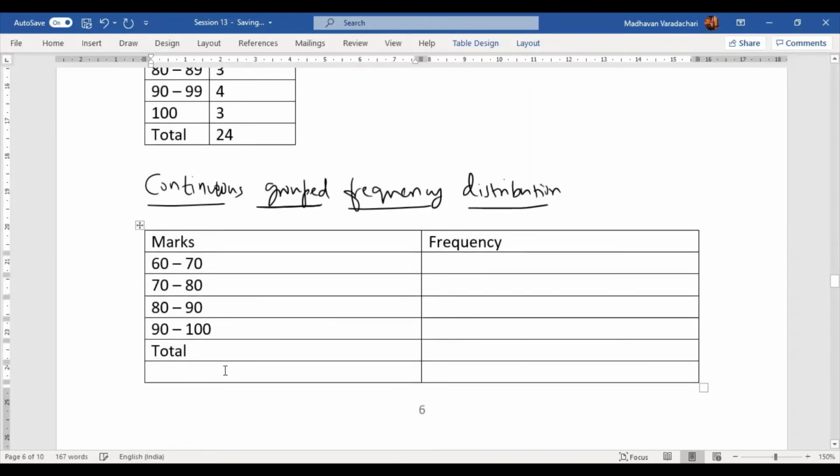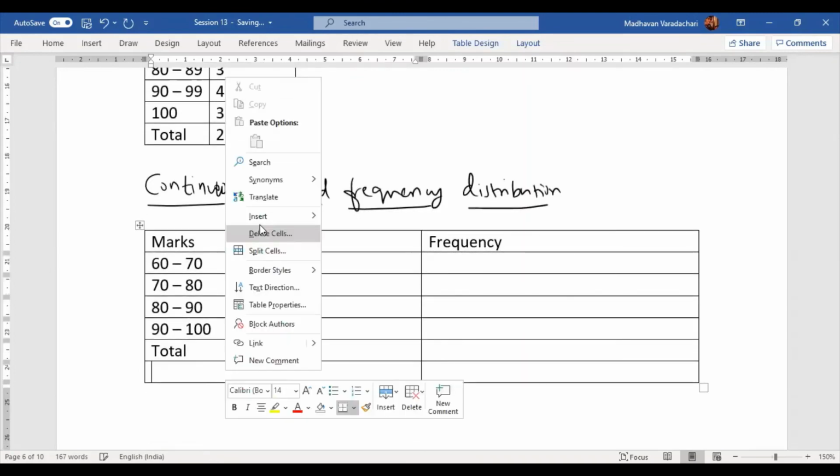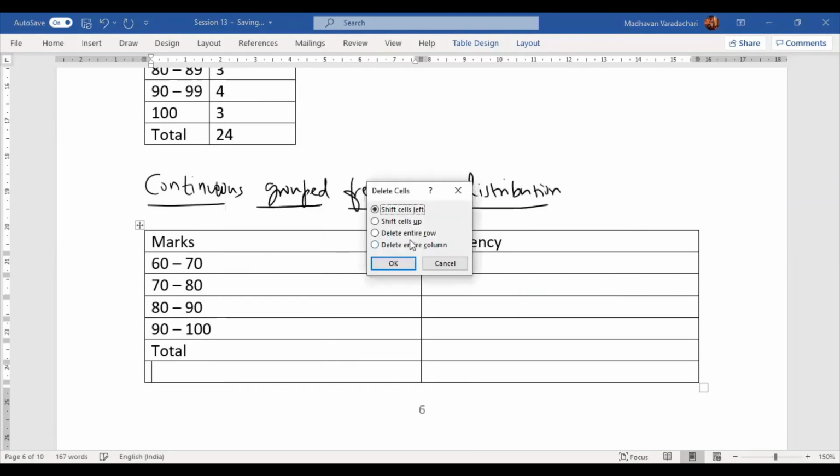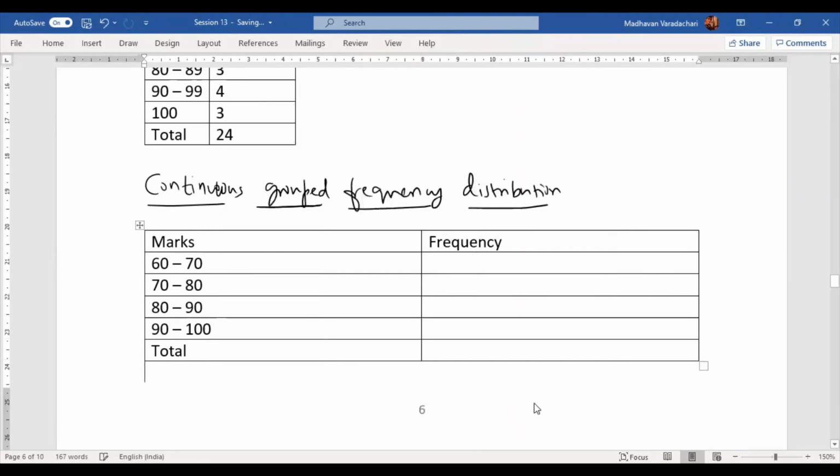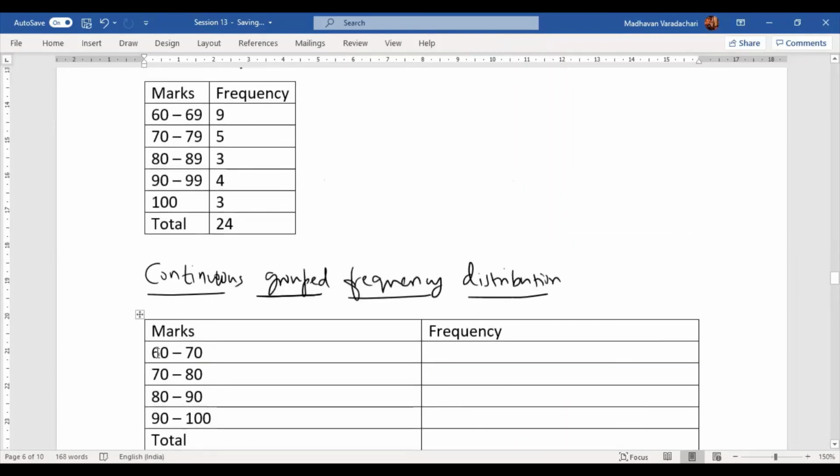In this, how do we capture the frequency? Let's see that. When I consider 60 to 70, I will consider 60, but I will not consider 70. Such classes you call exclusive classes.